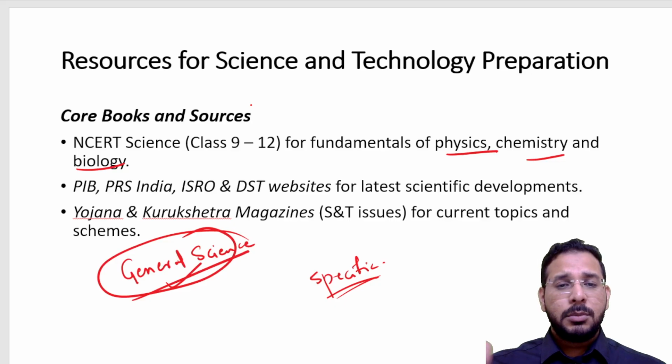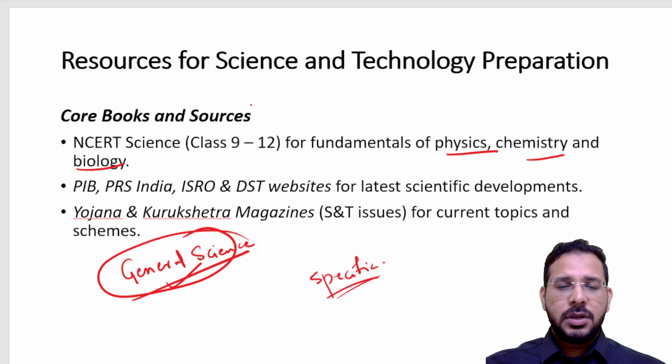Then in biology you also study diseases, nutrition, important minerals, and what diseases mineral deficiency will lead to. In physics and chemistry you study basics like light, motion, etc. In chemistry also you have to study the basics. Basic questions will be asked from these topics.